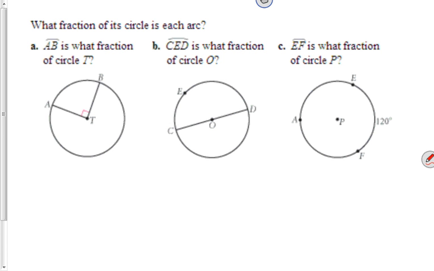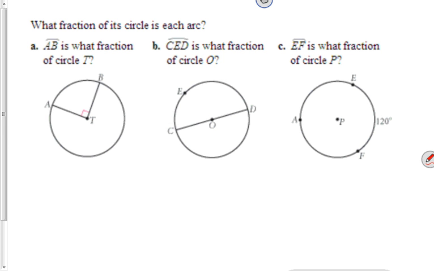All right, we're going to take a look at these three examples to lead us to the formula for calculating arc length. It says here, what fraction of its circle is each arc? So in part A, they give us arc AB. And they ask us, arc AB is what fraction of circle T? Okay, well, we know circle T would be 360 degrees full rotation, right?